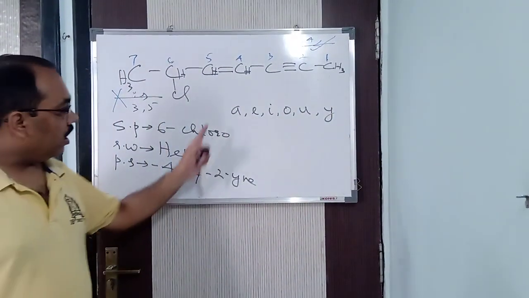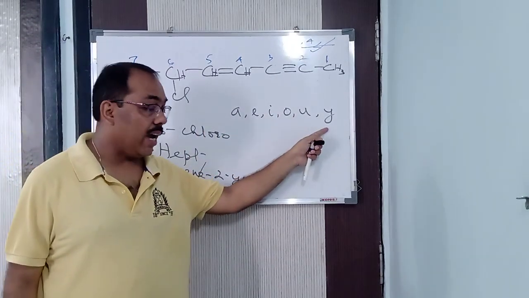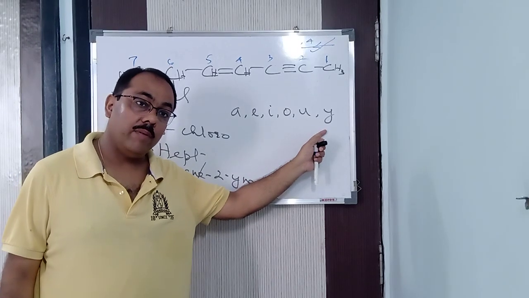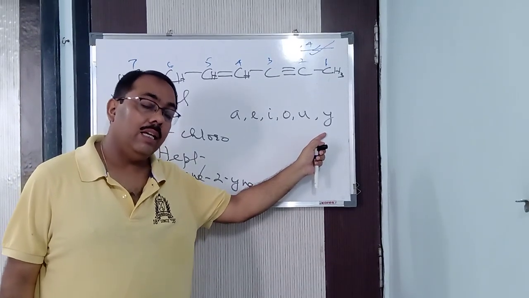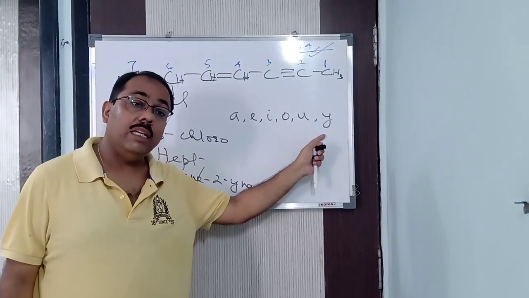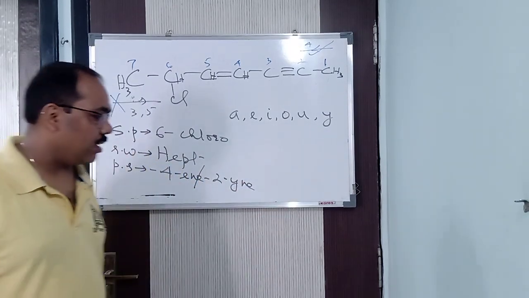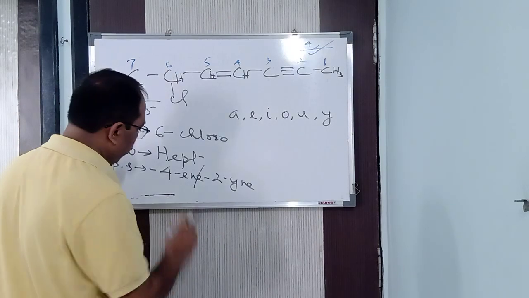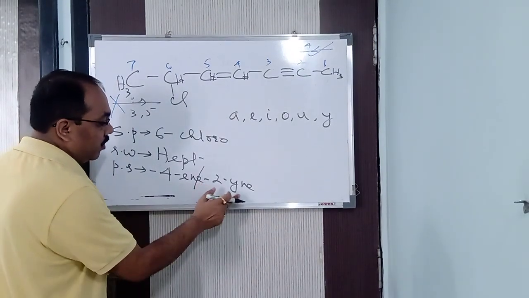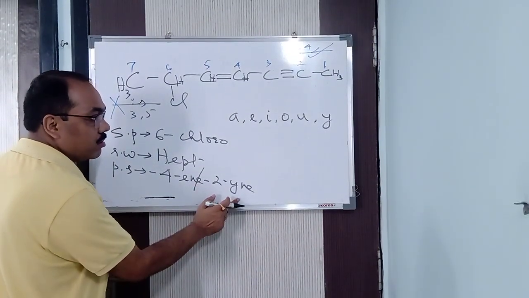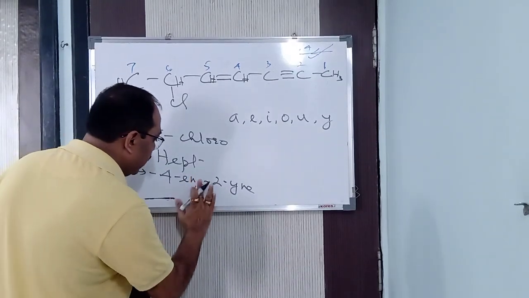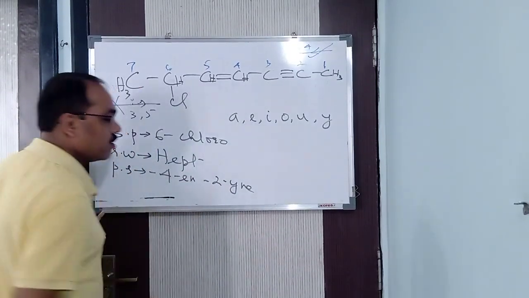For that reason, if you remember, I said alkene, alkyl and alkyne, I said yl. So in this way E has to be removed because E and Y both are vowels. So here I will write en.